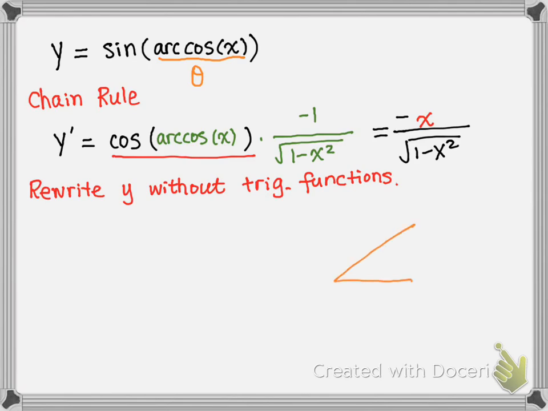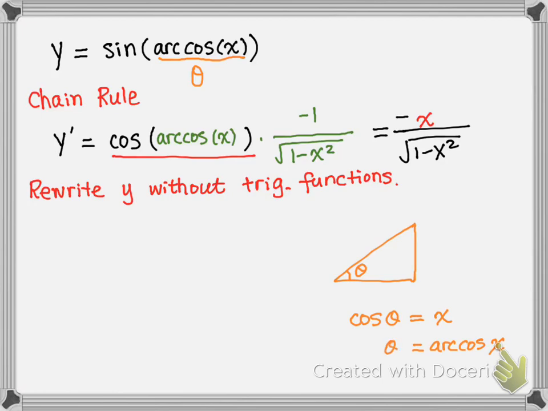Draw a right triangle. Now in this case, it's cosine of theta. So be careful, right here is theta. Adjacent divided by the hypotenuse. So what does it tell you? Cosine theta equals x, right? Why? Because arc cosine of x will give you the angle theta back.